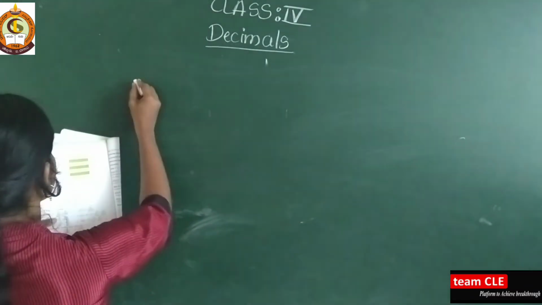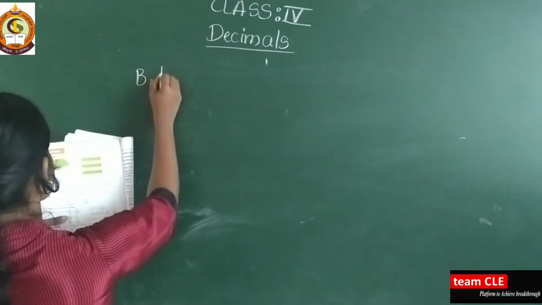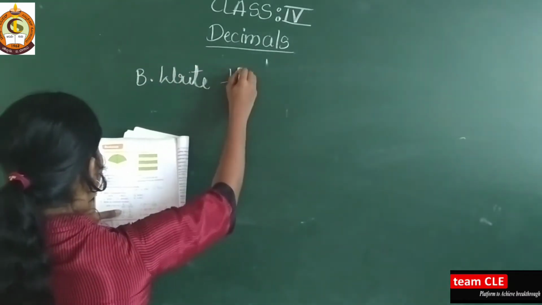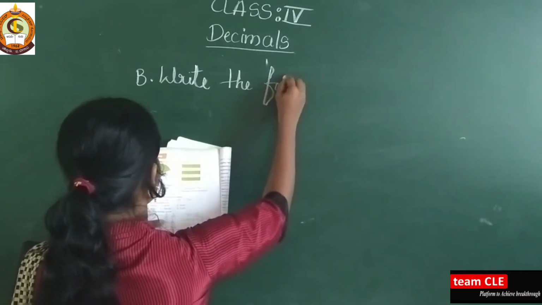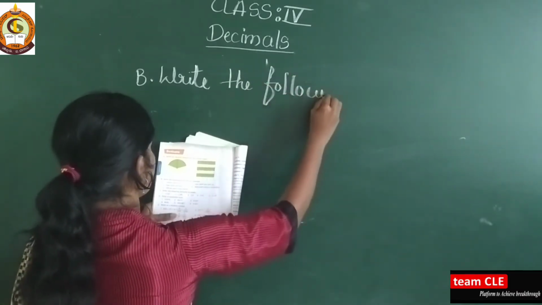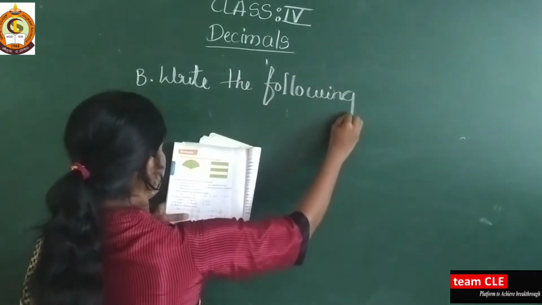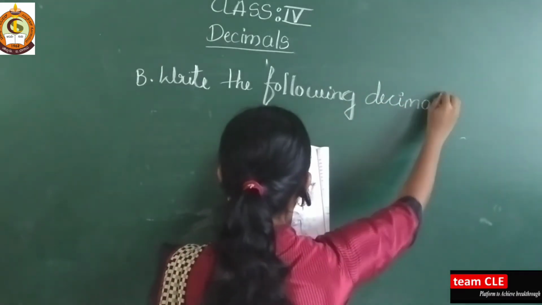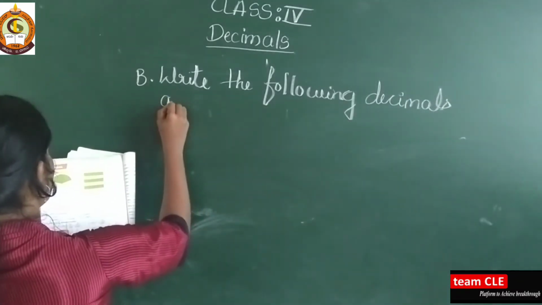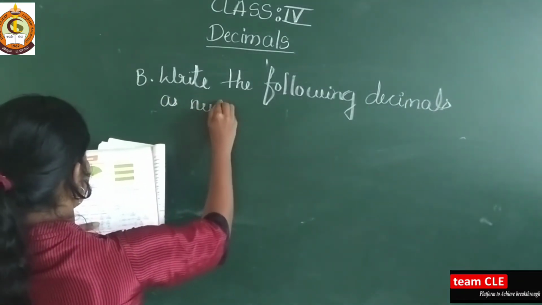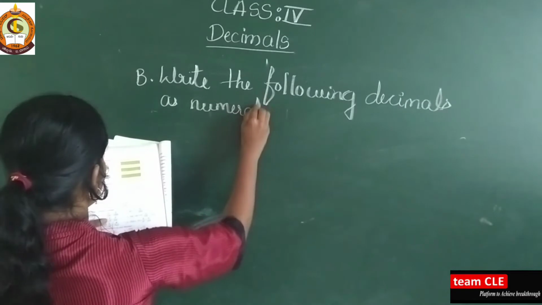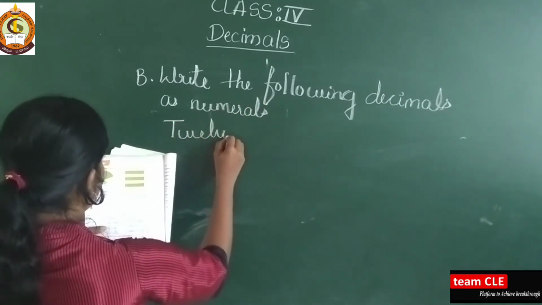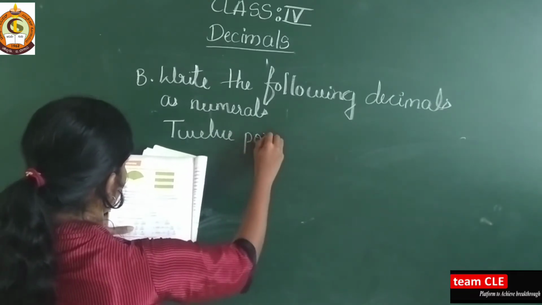Take here B1: write the following decimals as numerals. The first question is 12.06.